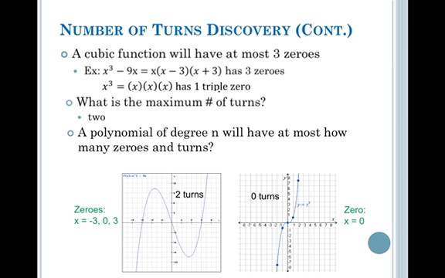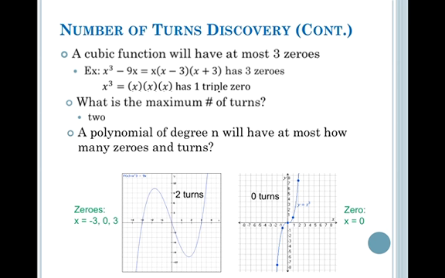So now we're asked, a polynomial of degree n will have at most how many zeros and how many turns? So thinking back to the last slide, our quadratic, which was degree 2, had at most 2 zeros and at most 1 turn. And here, a cubic polynomial, which is degree 3, has at most 3 zeros and at most 2 turns.